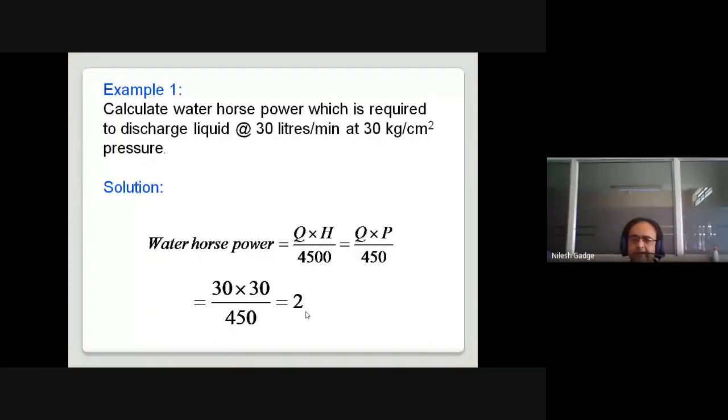So this is the answer for water horsepower. Write down the example and the solution also. Do it as quick as possible so that we can take more examples.